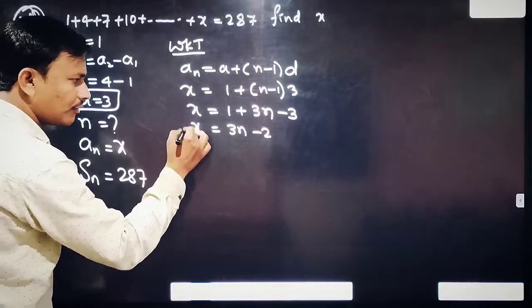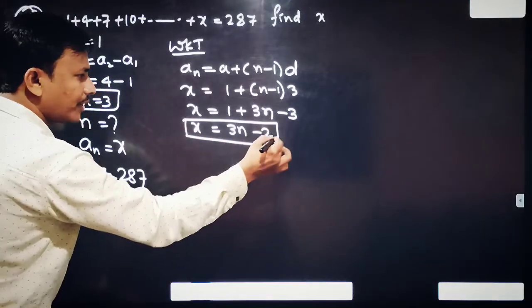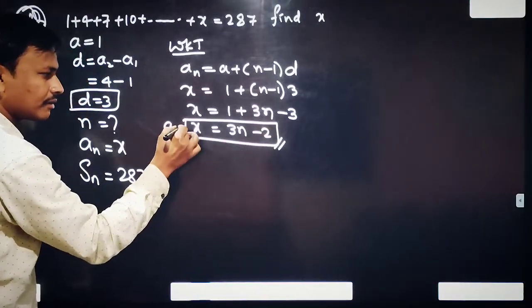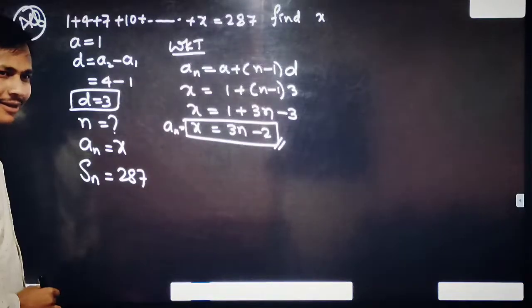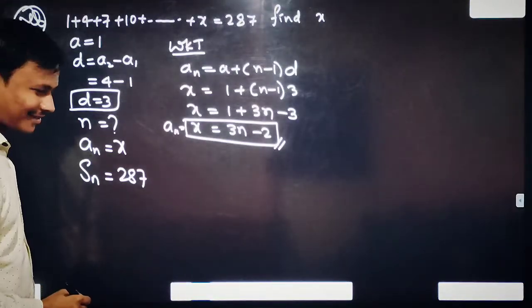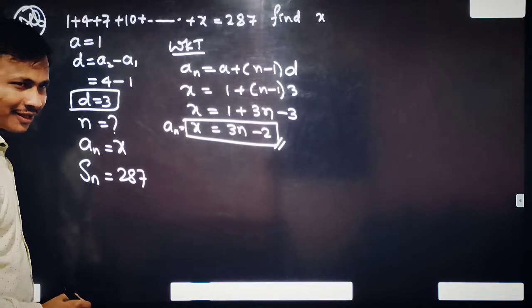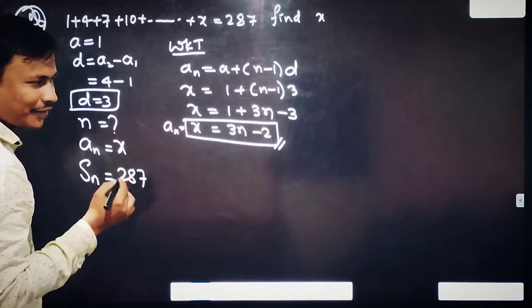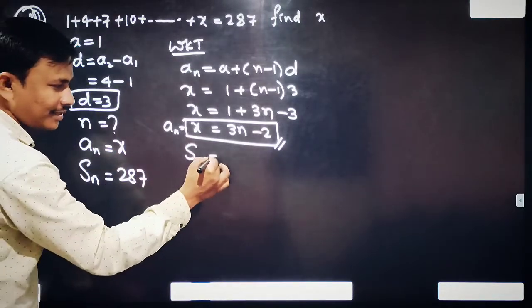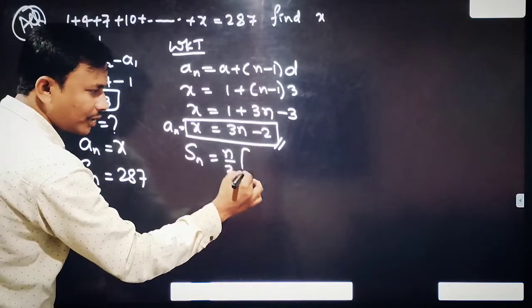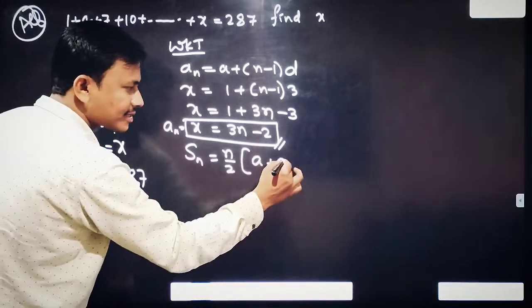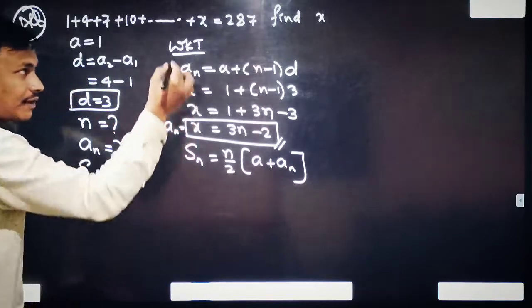Correct, x value we got. x is nothing but an. Understood. Next, what we need to find out is the Sn formula: Sn is equal to n by 2 in bracket a plus an.